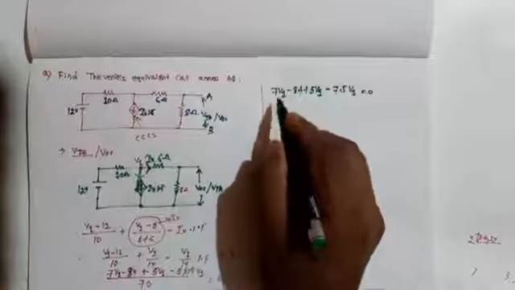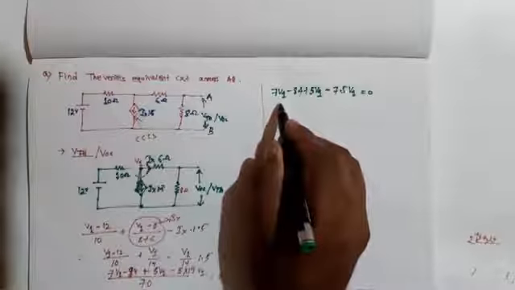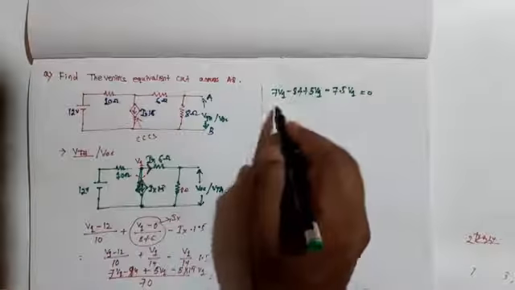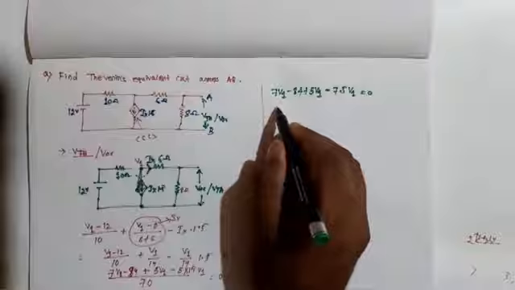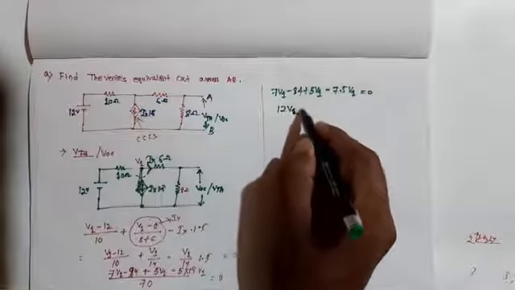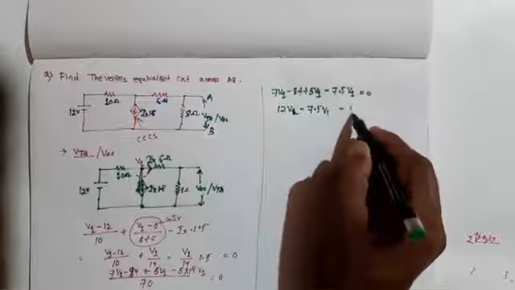This is 7 V1 plus 5 V1, which is 12 V1. So 12 V1 minus 7.5 V1 is equal to 84.